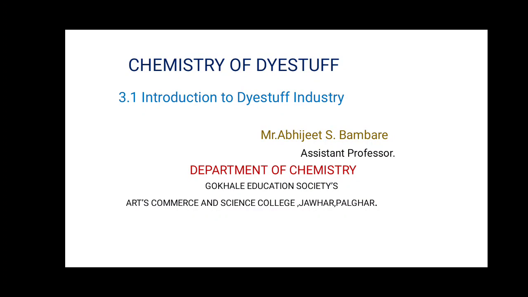In the applied component there are 4 units, 2 from drug chemistry and another 2 from dyestuff chemistry. In drug chemistry, the first unit starts from the general introduction to drugs, and the second unit ends with drugs for the respiratory system.